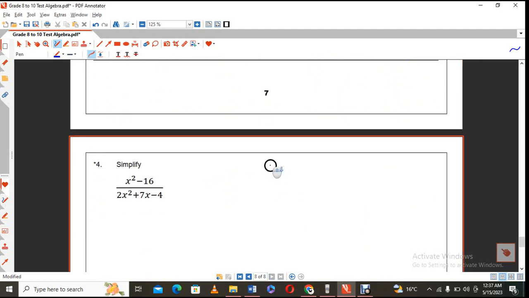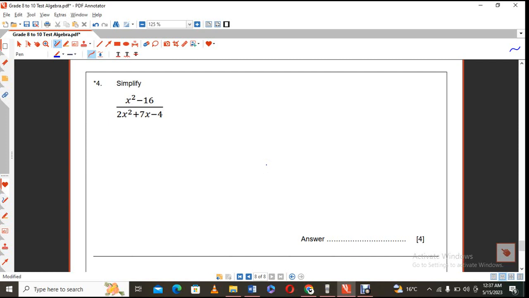The last question, and I put an asterisk there, is you're supposed to factorize these algebraic fractions. Please, there's nothing to do with long division. The numerator on top is nothing but the difference of two squares. The denominator you need to factorize.